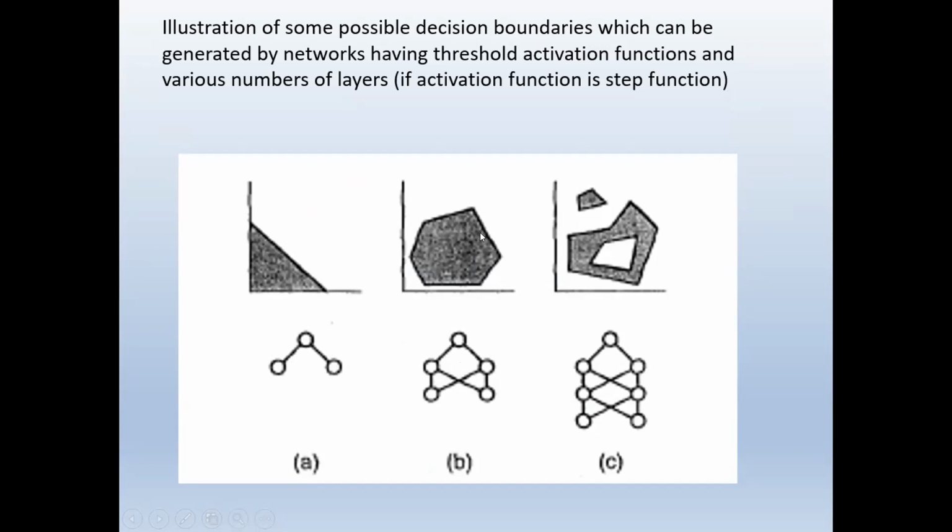So what can I do in order to approximate this kind of architecture? I need to add more hidden layers. This is one hidden layer I added, and if more complex networks are needed, I can add more hidden layers like this. You can see here two hidden layers are added.